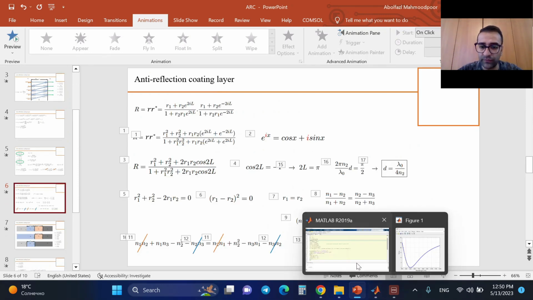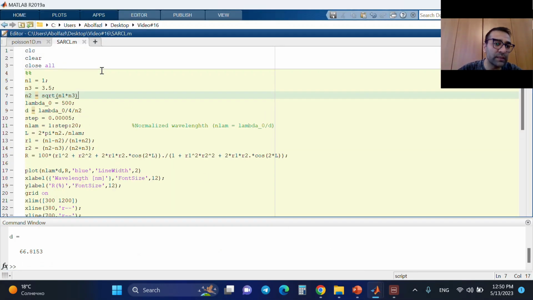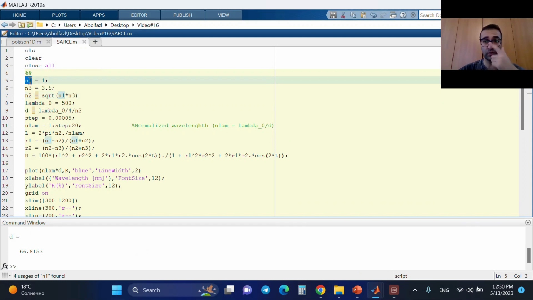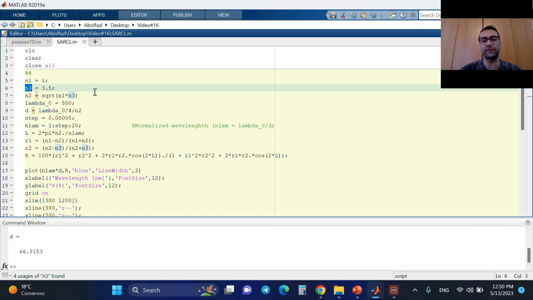Here I did it before in MATLAB, and here you see, I think you know this command, clc, clear all. I assume that n1, the surrounding medium, is, let's say, 1, air, and n3 is the refractive index of the third layer, which for a solar cell can be approximated with 3.5, although it's different for different wavelengths, but for simplicity let's assume that the refractive index of the third layer is n3.